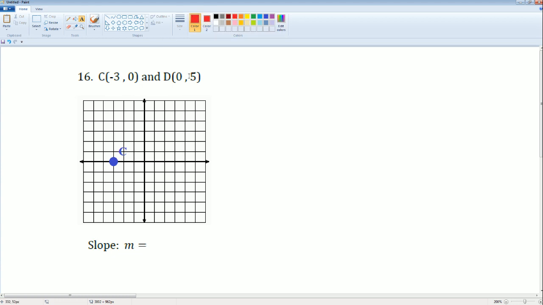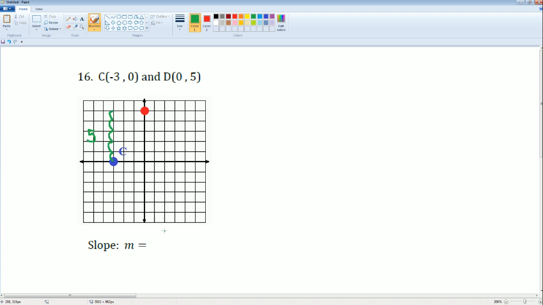Okay. 0, 6. So let's do that. 0, 1, 2, 3, 4, 5. Good. Then we want to count the slope. Okay. You want to do the up and down first, right? The y first. 1, 2, 3, 4, 5.